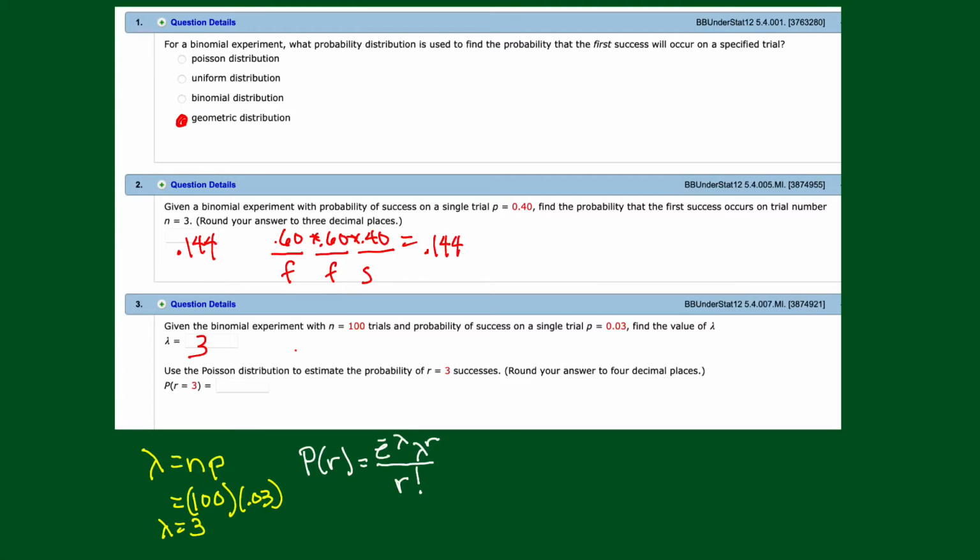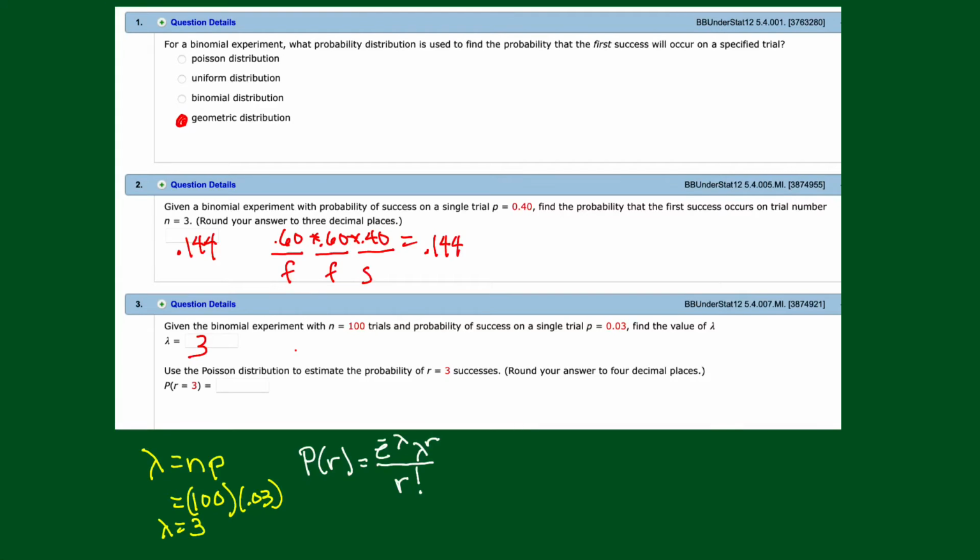And we have a formula for computing Poisson probabilities. The probability of getting exactly r successes is e to the negative lambda, which we just found, times lambda to the r, the number of successes that you want, divided by r factorial. Let's do it two ways, by pencil and by calculator.